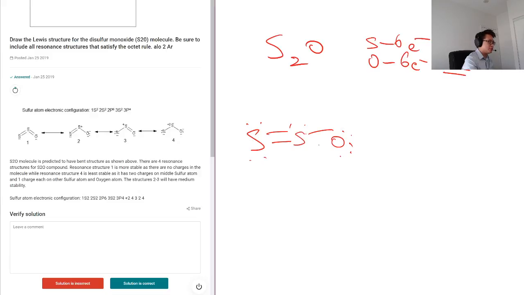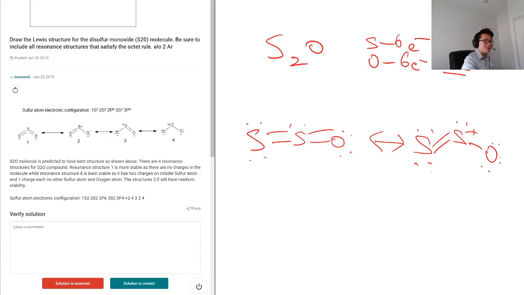So for the Western structure, it's just a Lewis structure that is correct, and it can exist. And then we just cannot rule out that it's not a correct Lewis structure.